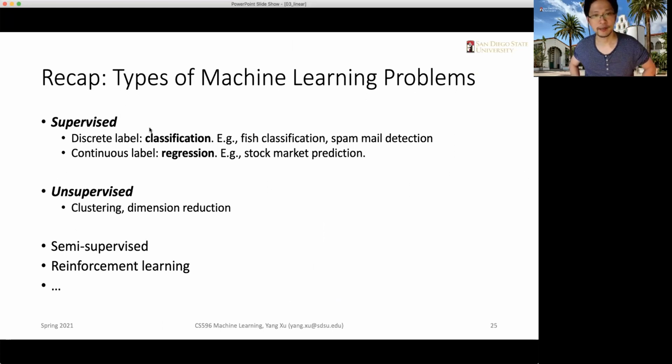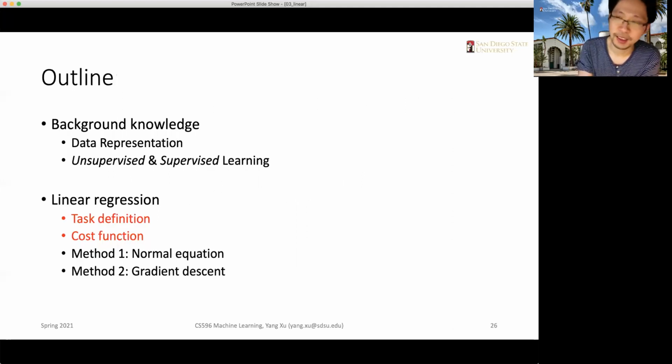Anyway, that's a little recap of what we have covered about the types of machine learning problems. And I think we are pretty much prepared to look at the linear regression problems now, okay, with the knowledge for data representation, for data preparation steps pretty much covered here.